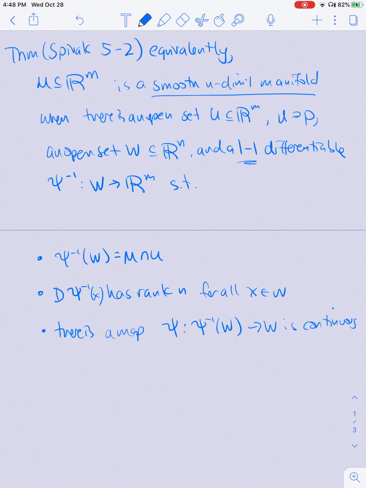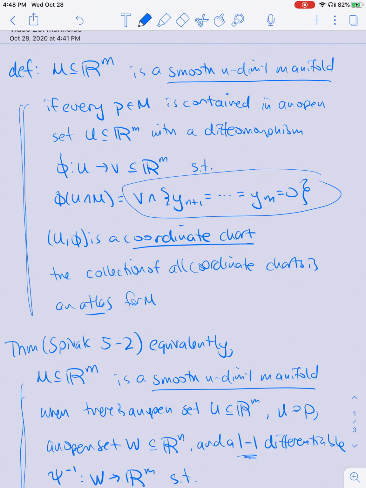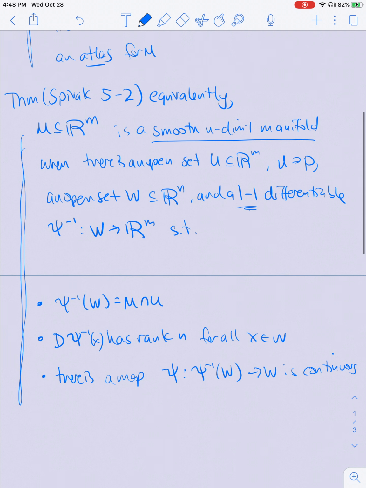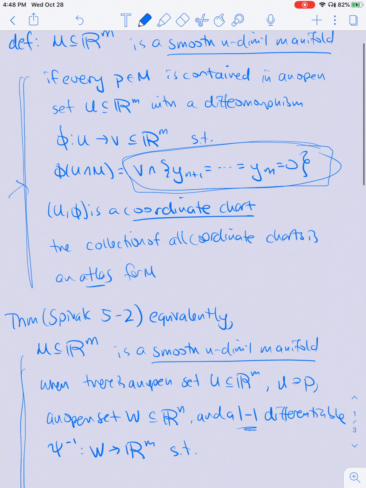One direction of the proof is that this characterization of a manifold is the same as the first characterization. Going from the first definition to the second is fairly simple because you just set W to be V intersect the set where y_{n+1} through y_m are all 0, and psi inverse is just phi inverse restricted to this set.